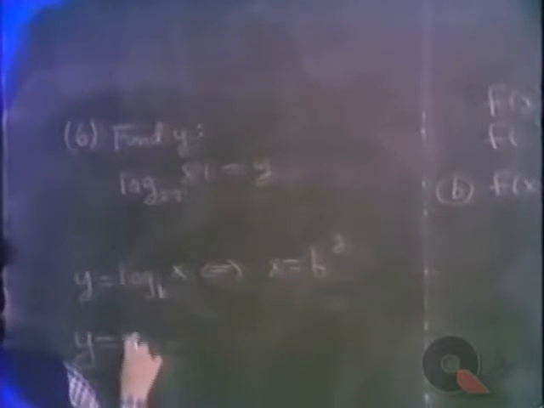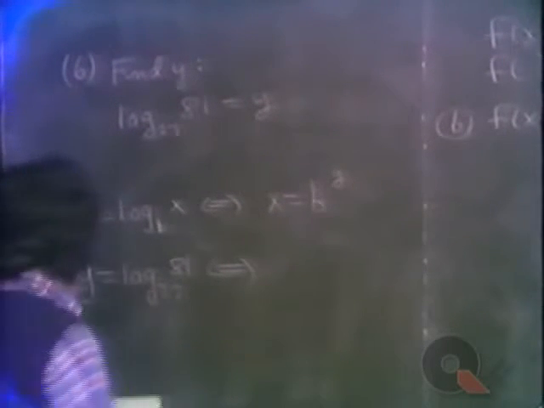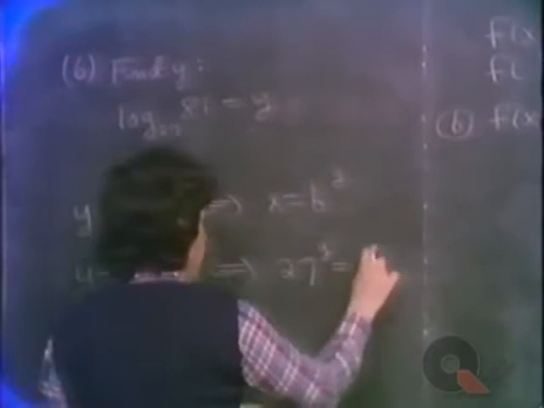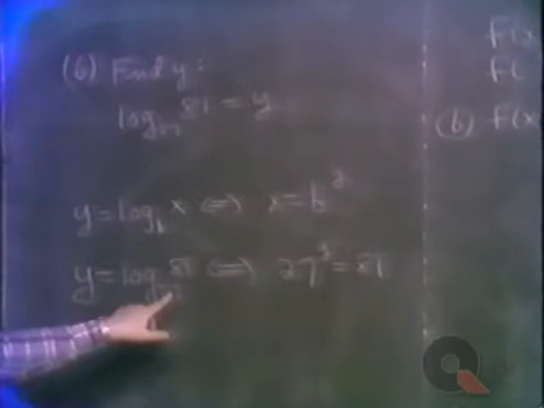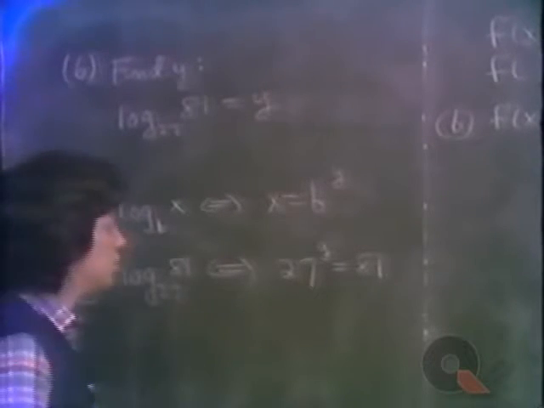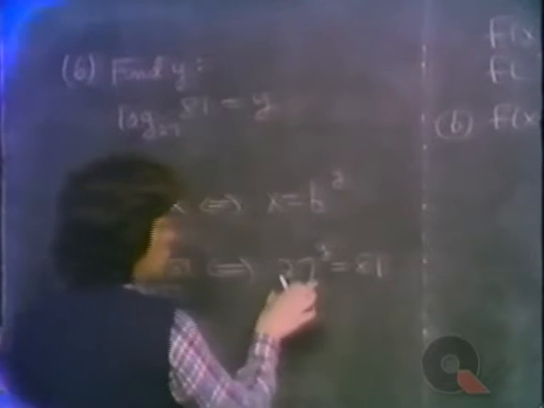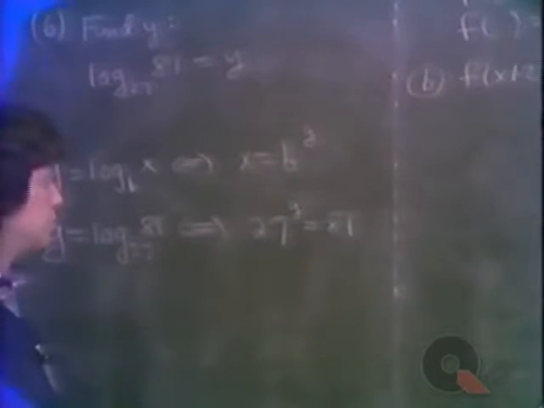Okay, so if I have that y is the log of 81 to the base 27, this is equivalent to saying that 27 to the y power is equal to 81. The log is the power that you'd have to raise the base to get the number. So we have to solve this equation here. And if you remember our work on solving equations of this form, the trick is to try to get the same base on both sides, and then we can just equate the exponents.